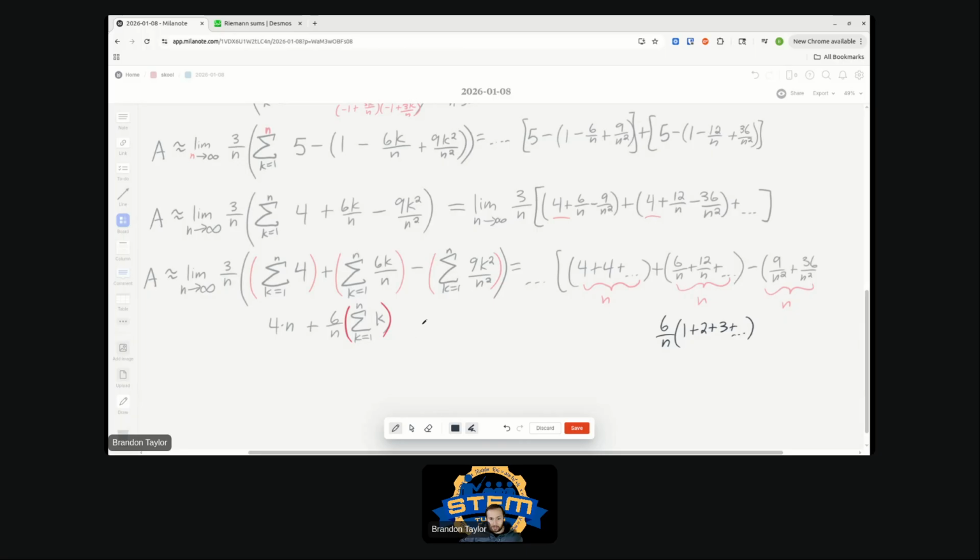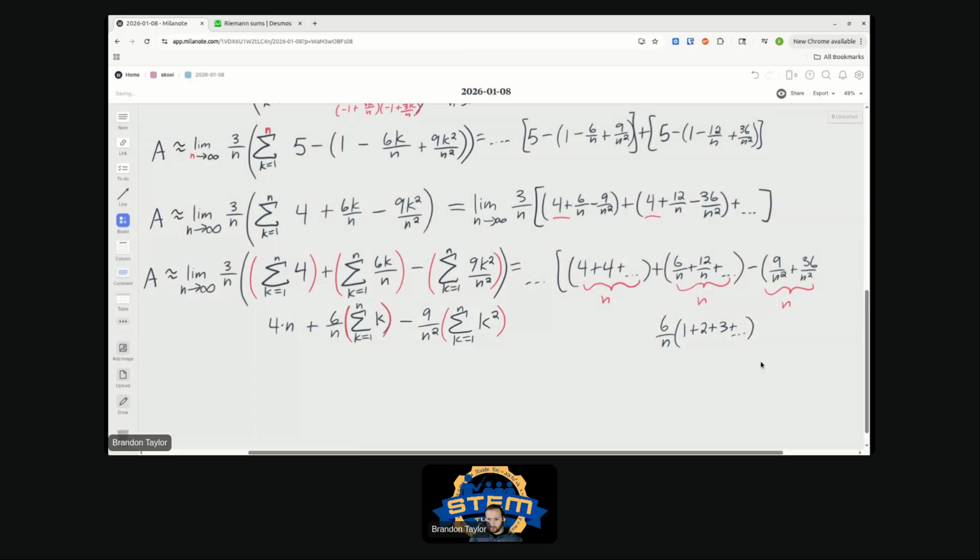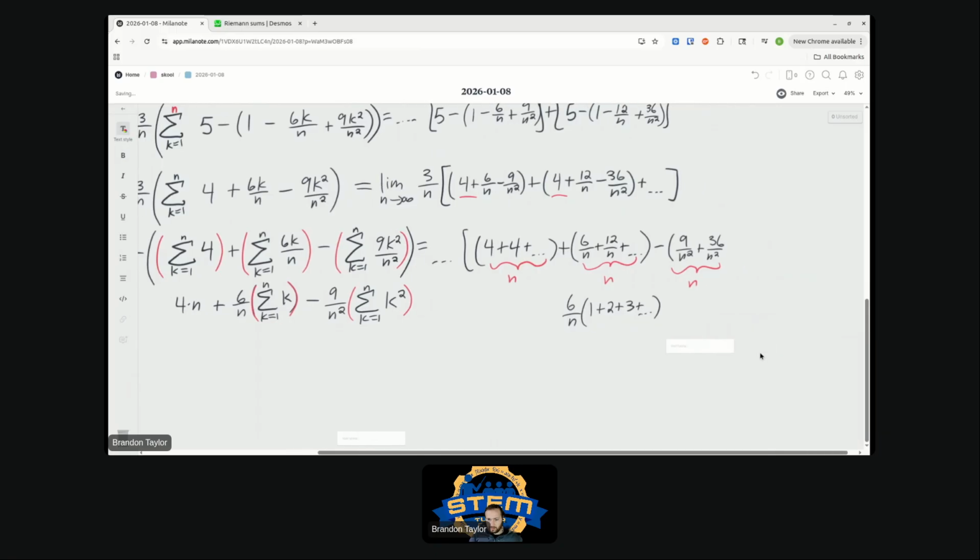And you can do something similar here. You can do minus 9 over n squared, and then the summation from k equals 1 to n of, now the difference is k squared. And again, doesn't that kind of make sense if I go over here?